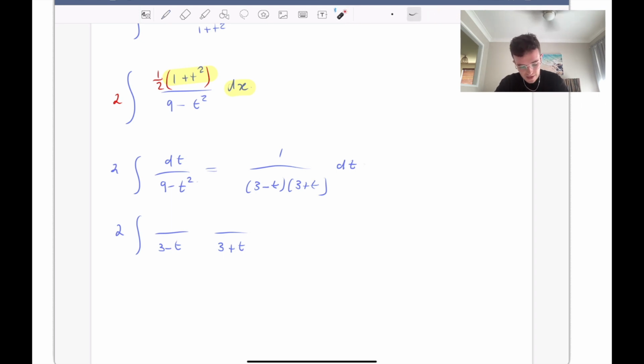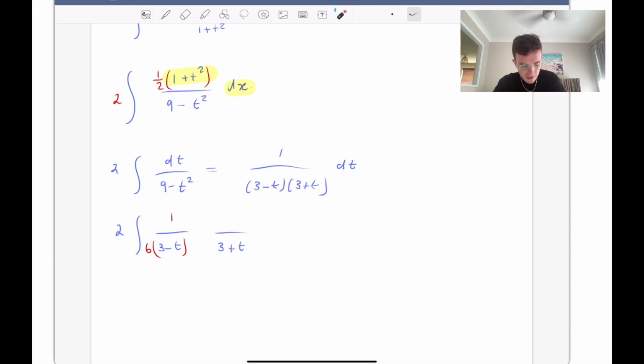So what can we do to make this 0? To make this 0, we can put a 3 here. Oh, we might do the second bit. So we can put a 3 here to make that 0. So this is going to be 1 over 6.